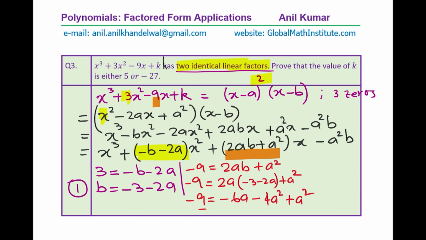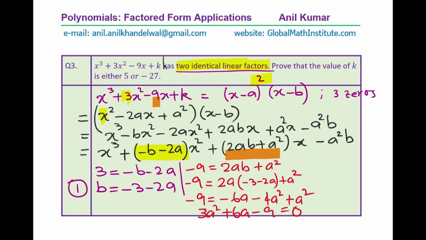I want to keep the x squared coefficient positive. So 4a square minus a square becomes 3a square, so we have 3a square plus 6a minus 9 equals 0. So that becomes the equation, which we can now factor.